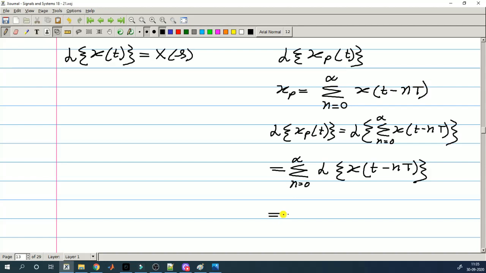Now this will be equal to sum over n 0 to infinity, and Laplace transform of this delayed signal will be capital X(s) multiplied by e to the power minus sT, and n. I can also write this in this way, whole to the power n.